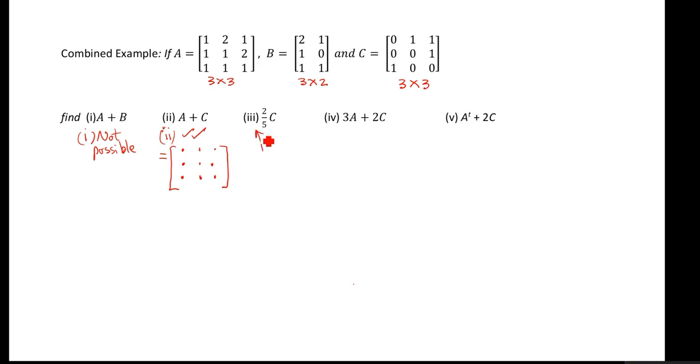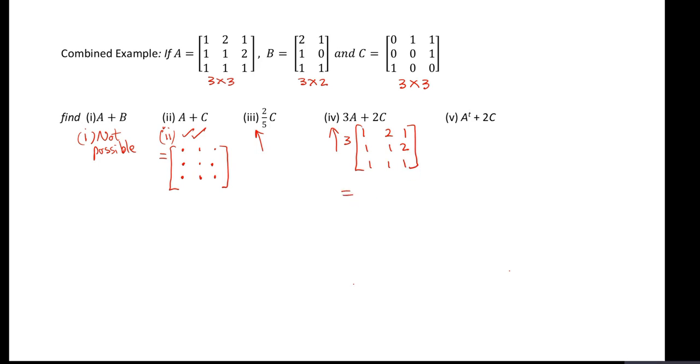Number 3, 2/5 of C. Again, you're simply going to multiply 2/5 into the matrix C. Number 4, 3A plus 2C. I would say do these separately if the order is correct. First you multiply 3 into A. What's your A? 1, 2, 1, 1, 1, 2, 1, 1, 1.